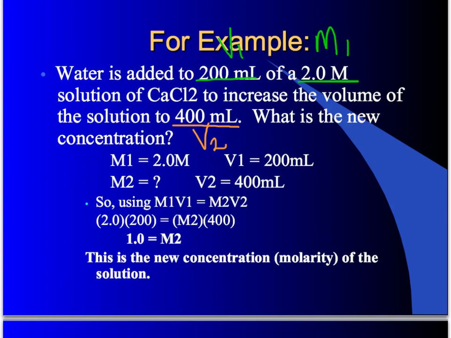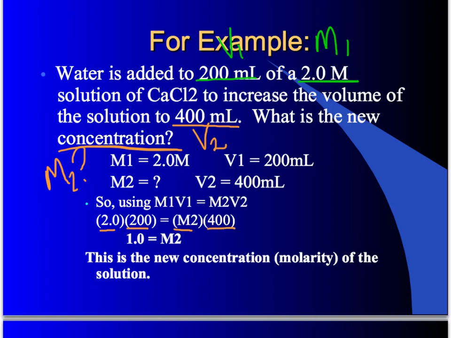So it wants to know what is the new concentration. Your new concentration is going to be your M2, and that is our unknown. That's what we're looking for. So you can see they just listed those out, the same ones that we underlined. Now you're going to set it up and just plug in your values. M1 was 2.0, V1 was 200, M2 is what you're solving for, and V2 was 400.